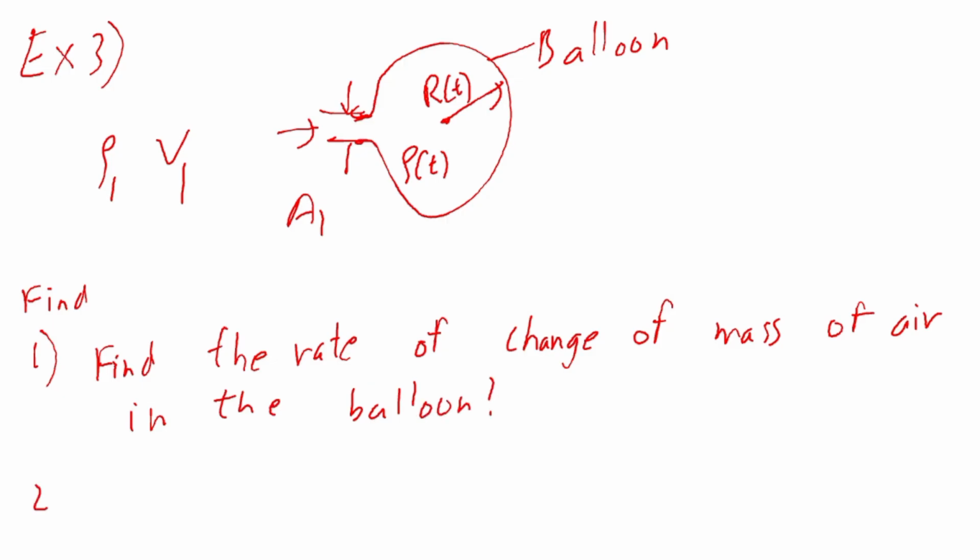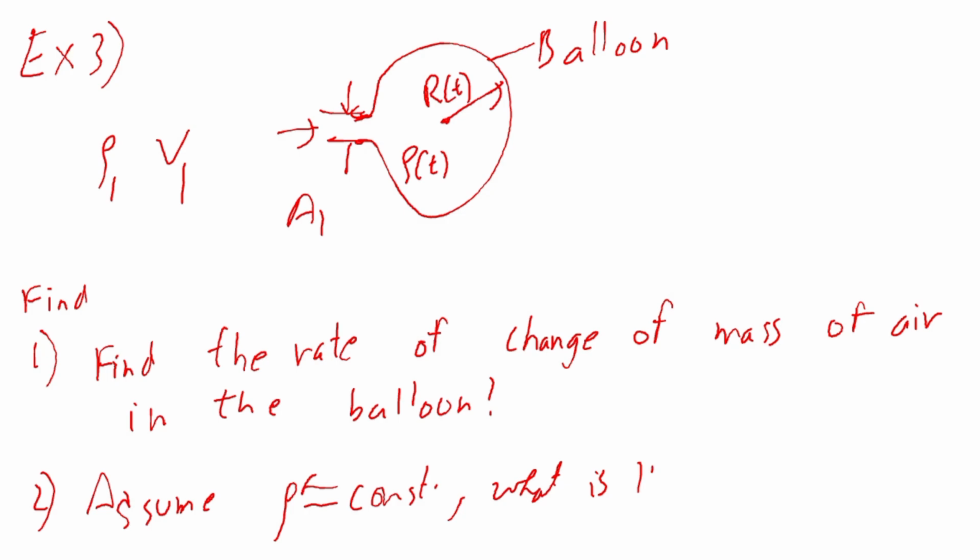The second question is, in this second part only, if you assume the density inside the balloon is a constant, then what is the rate of change of radius of the balloon?